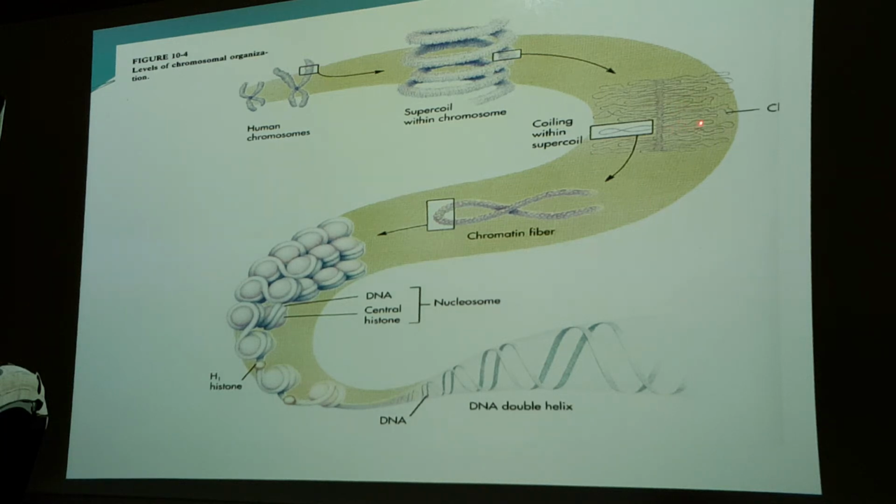And each one of those filaments will be made out of chromatin, which is what we see here. And if you look more closely at that chromatin, you'll see that it's DNA, a strand of DNA wrapped around these proteins called histones.